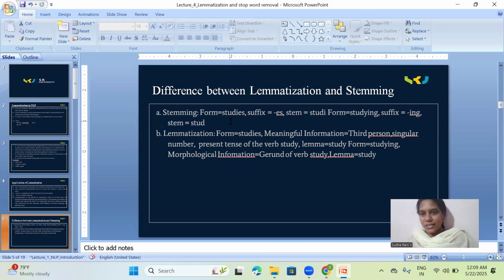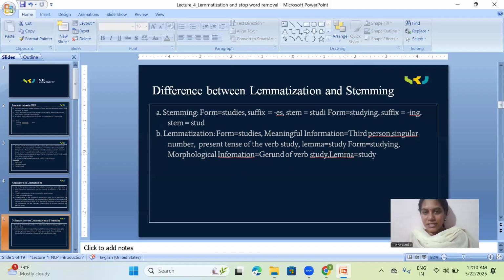Both don't have any meaning. S-T-U-D-I doesn't have any proper meaning, and it is not the correct spelling. And studies also doesn't have any meaning. It is not the proper spelling. But in lemmatization, if you check studies, S-T-U-D-I-E-S, the meaningful information is third person, singular number, present tense.